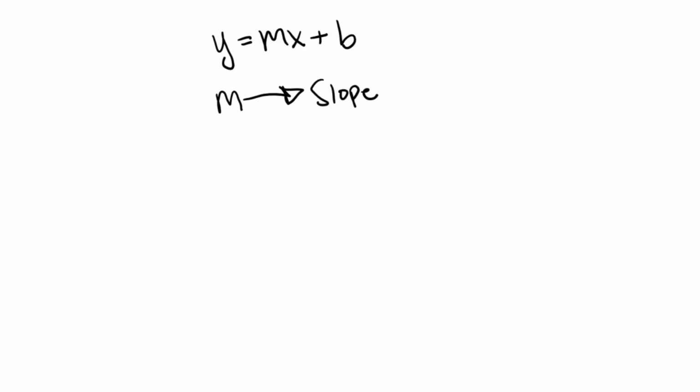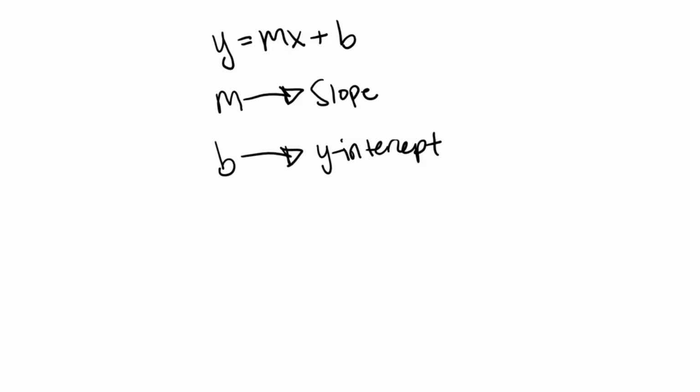So now I'm going to talk about how to graph an equation when it's in slope-intercept form. So m in this equation represents the slope, and b in this equation represents the y-intercept. That's why this equation is called slope-intercept form, because it's very easy to identify the slope and the y-intercept.